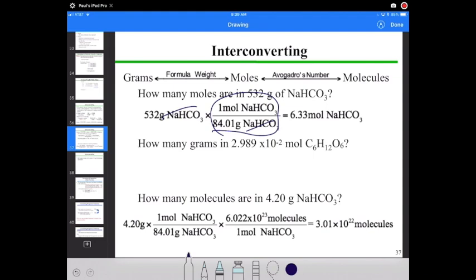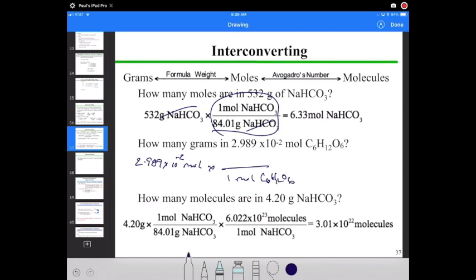How many grams are in 2 moles of C6H12O6? Okay, 1 mole of C6H12O6.